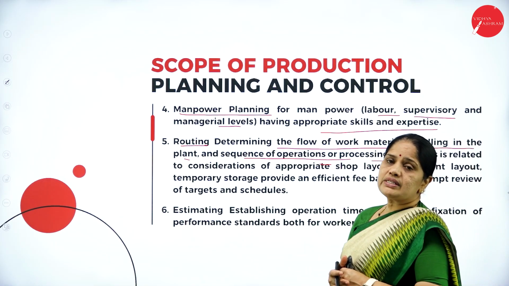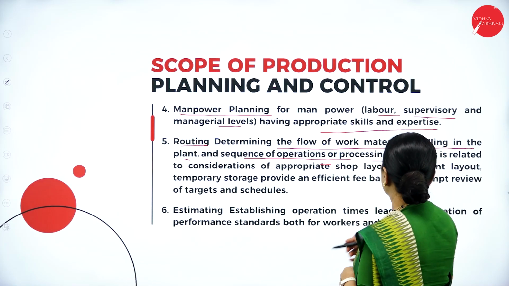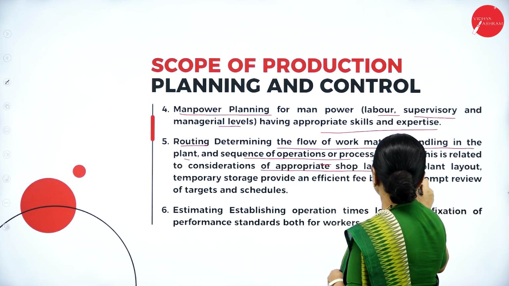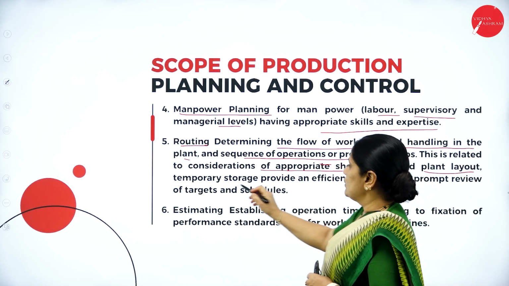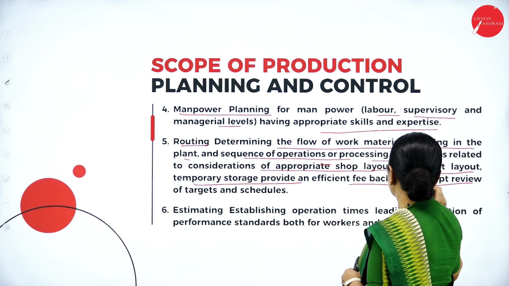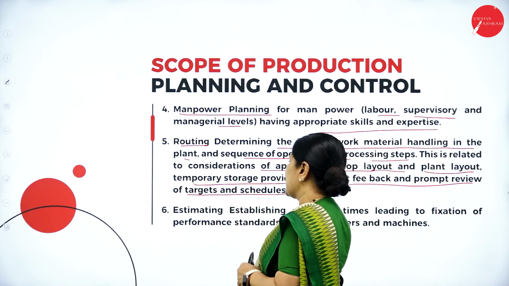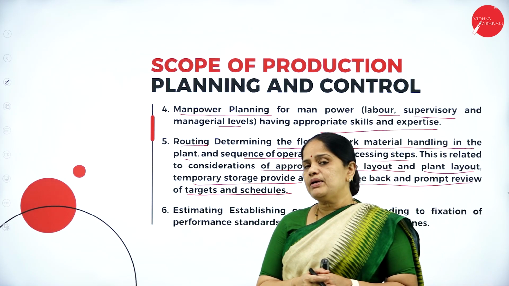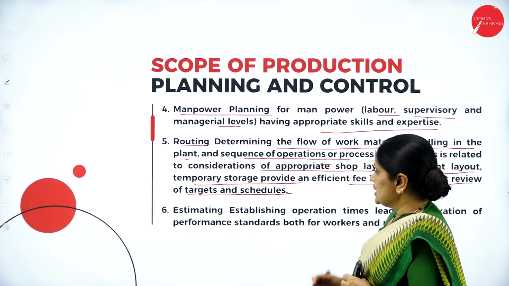So, what is the sequence of operations it has to take? This is related to considerations of appropriate shop layout and plant layout, temporary storage provided, and efficient feedback and prompt review of targets and schedules. With the help of routing, we will be able to plan for the production schedule.